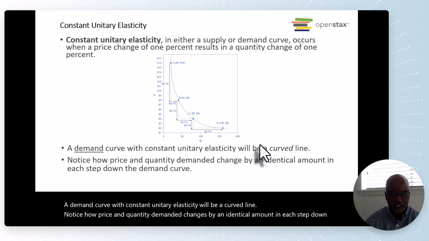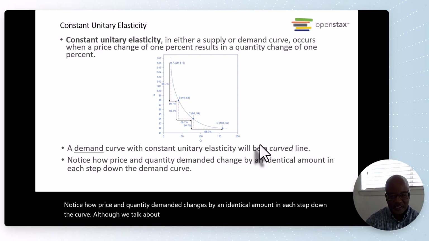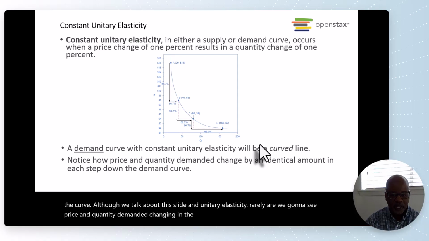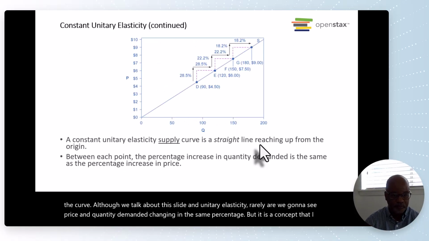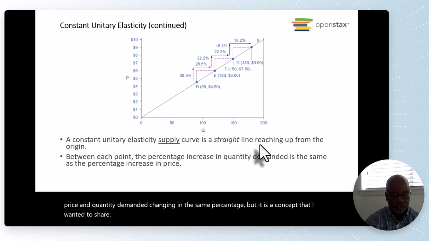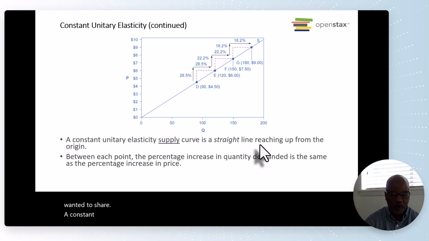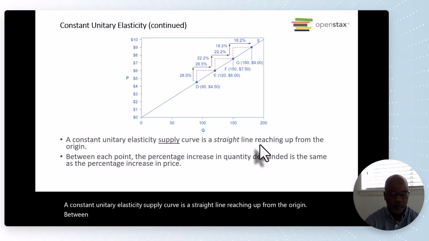Although we talk about this in the slide on unitary elasticity, rarely are we going to see price and quantity demanded changing in the same percentage, but it is a concept. A constant unitary elasticity supply curve is a straight line reaching up from the origin. Between each point, the percentage increase in quantity supplied is the same as the percentage increase in price.